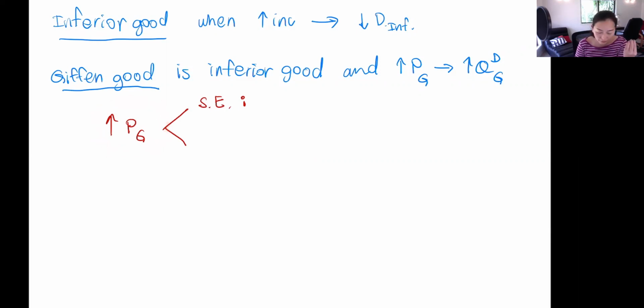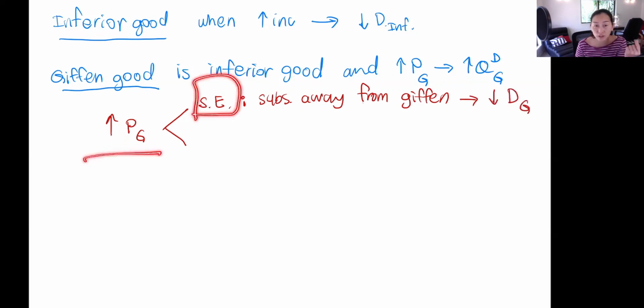Since the price of the Giffen good now increases, you would see lower demand for the Giffen good due to the substitution effect.